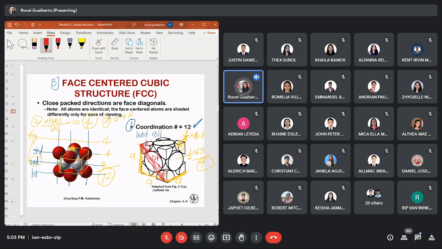Katulad po nito, makikita mo po, ito pong tatlong atoms po na ito ay magkakatabi po sila. Tangent po sila. So, you can have po the diagonal. This diagonal is equivalent to 4R, kasi R po, tapos 2R, tapos another R. So, from there po, you can create a triangle.